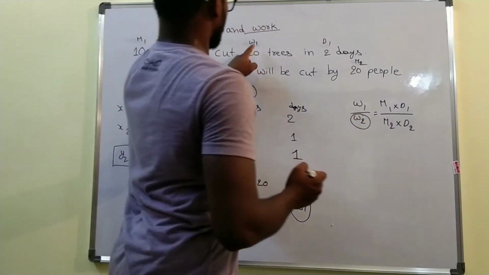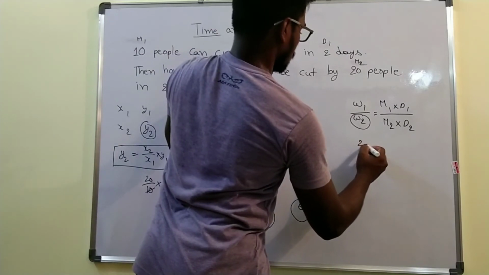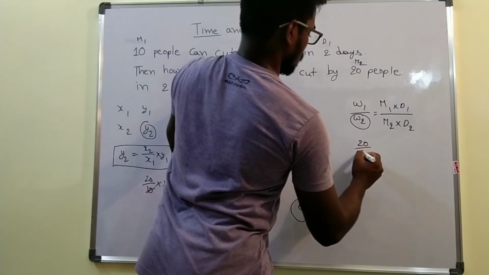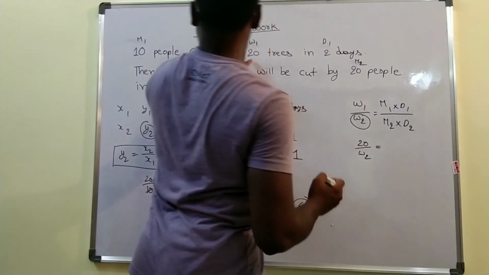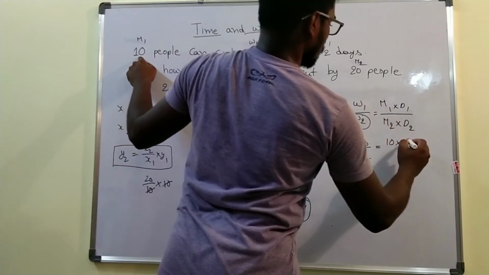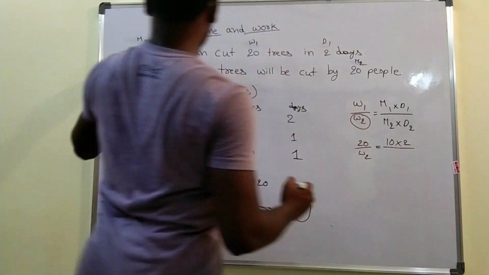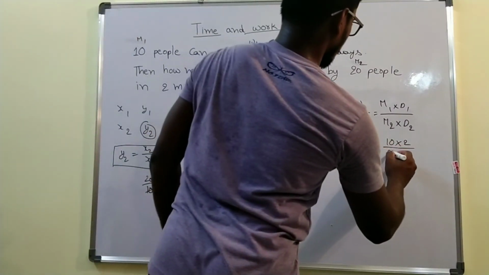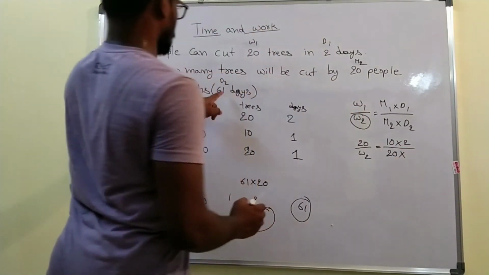Here W1 is 20, W2 we need to find, M1 is 10, D1 is 2, M2 is 20 people, and D2 is 61 days.